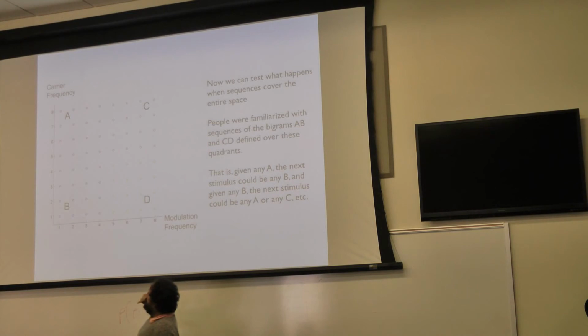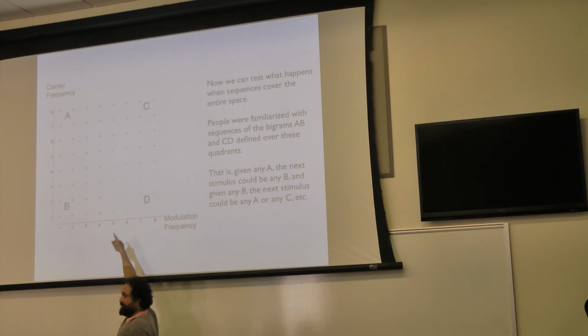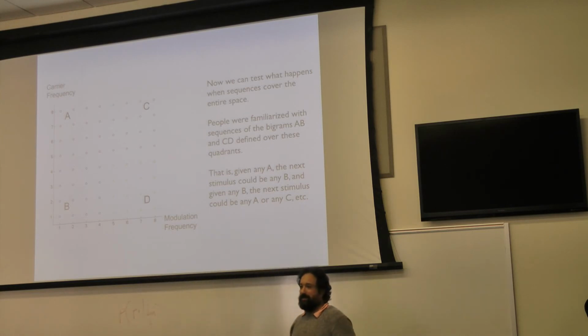People are familiarized with sequences, like all of the A's followed by all of the B's, all of the C's followed by all of the D's. This is the part that I had to redo after making some plots and realizing, to my horror, that you need a recursive algorithm to make sure that you evenly cover the A and B space, or the A and C space, given all of the B's. It made my head explode, so don't worry about it now. But basically, you'll see some plots of what those trajectories look like.